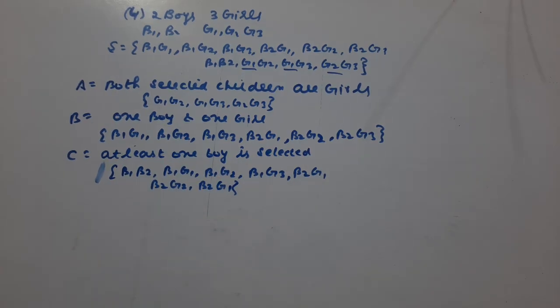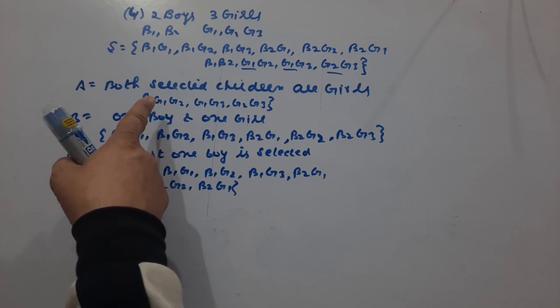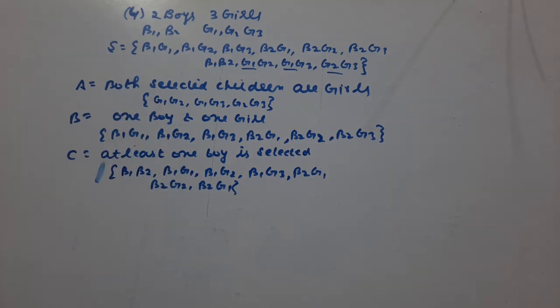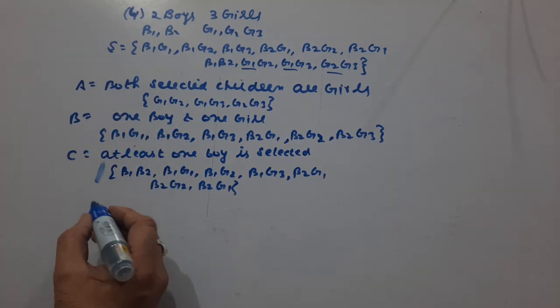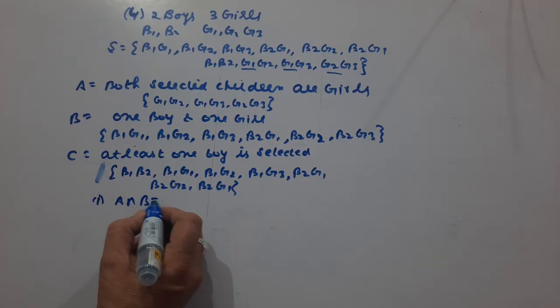Now students, we have to find which pair of events are mutually exclusive. Now see, A and B. In events A and B, nothing is common. So it means A intersection B is phi.